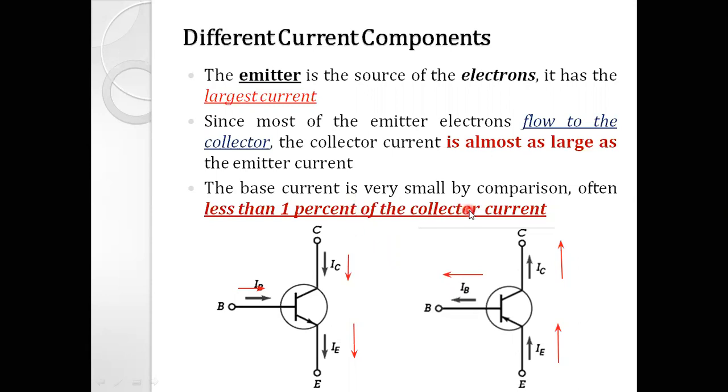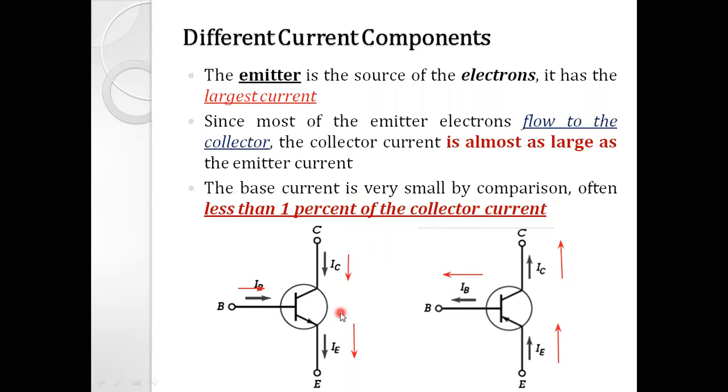The base current is very small in comparison to the collector and the emitter currents, often less than 1% of the collector current, right?